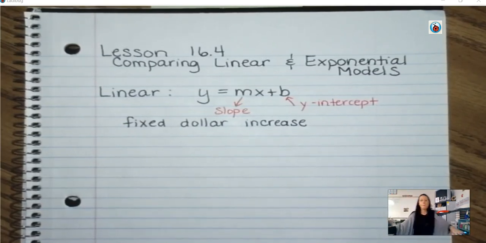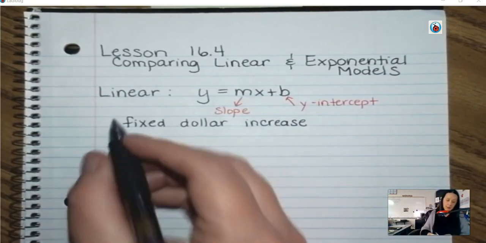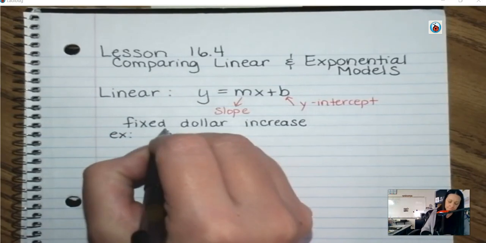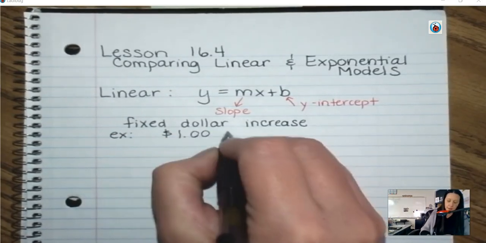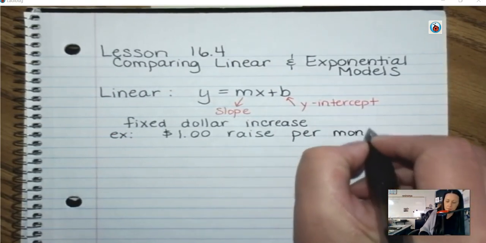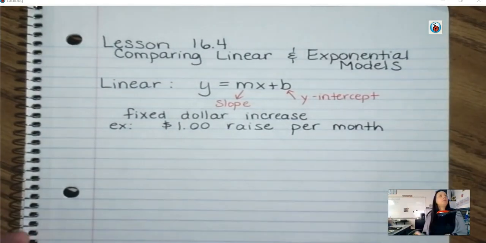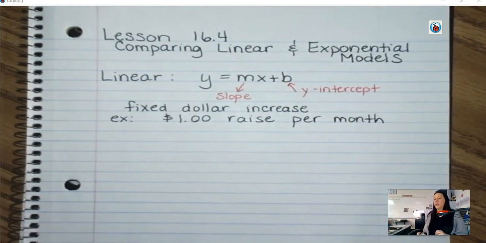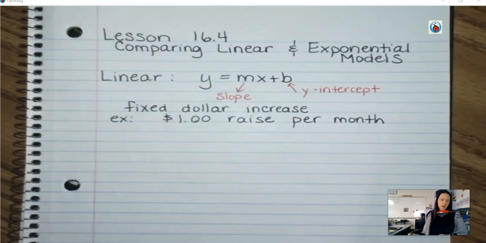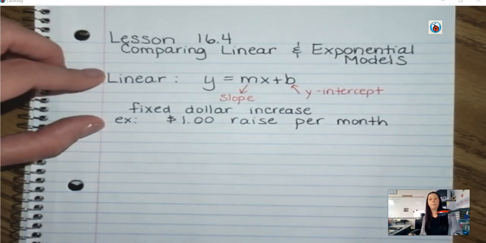If it talks anything about a fixed dollar increase, so for example, let's say, a dollar raise per month, that's going up at a fixed rate. That would be a linear equation or a linear model. So if it's going up or down by the same amount every month. And that I have drilled into your head over the last 3 or 4 months.